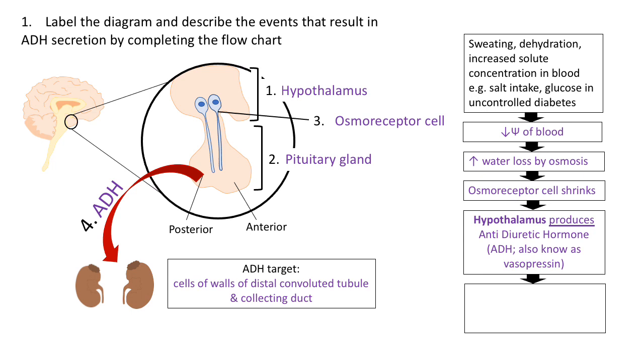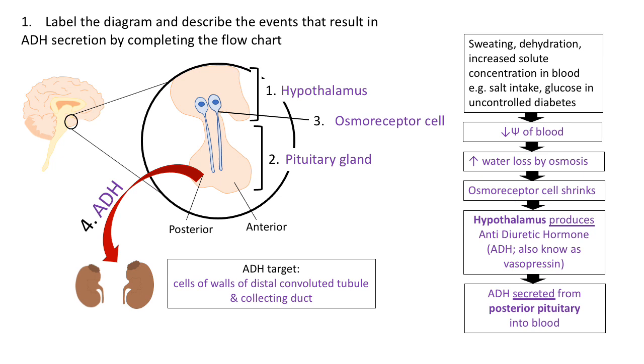And then the hypothalamus produces ADH, and it's just worth knowing that that's also known as vasopressin, but you obviously learn it as ADH. And then ADH is actually secreted from the posterior pituitary into the blood.